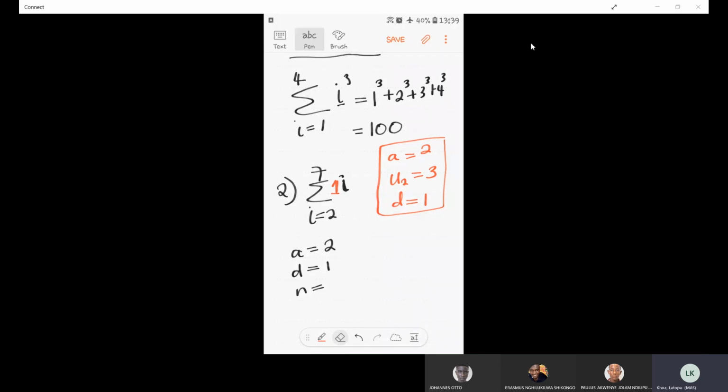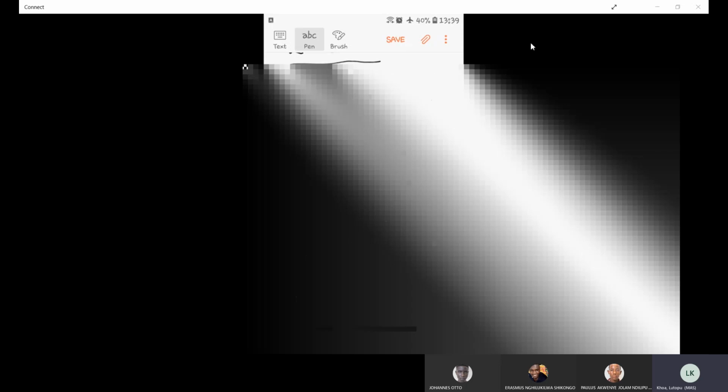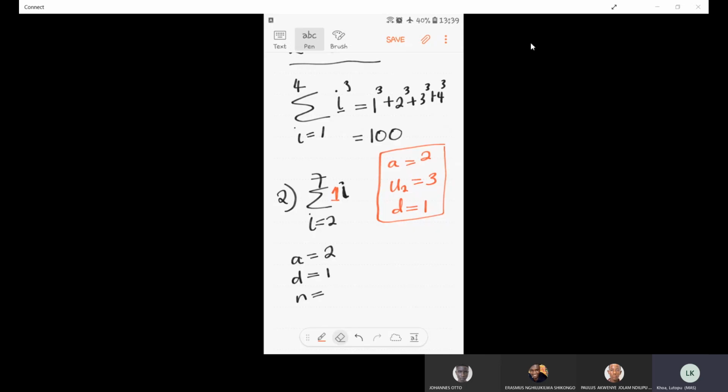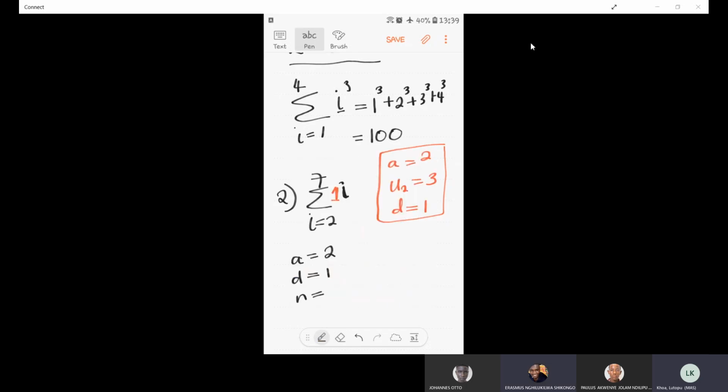So do it either this way, where you say d is just the coefficient of i, or work out the first term and the second term, and then you say d is the second term minus the first term. The answers will always be the same. Now n will be 6.